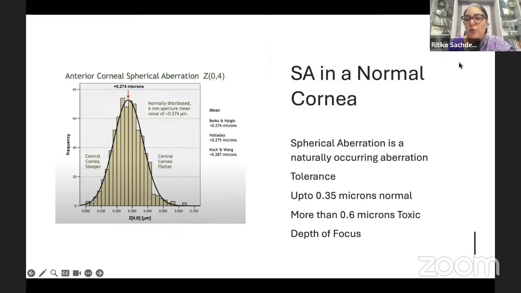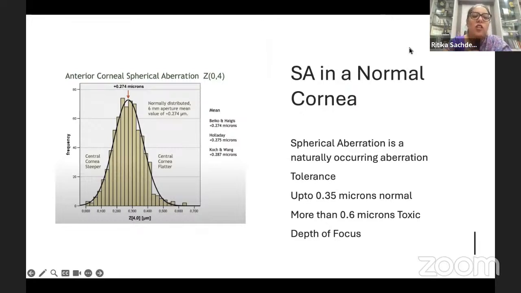Can any of you help with where this figure actually translates into exactly plus 0.27 microns? Kanika, Garvita, any idea? Okay, so this is the exact spherical aberration that is taken into the J&J aspheric IOL, right?